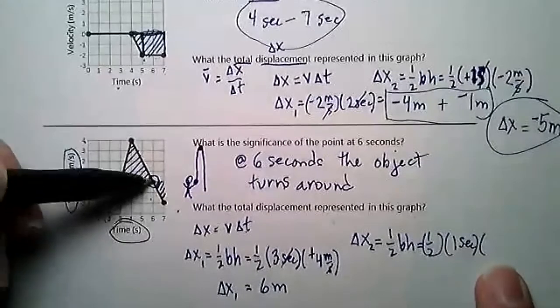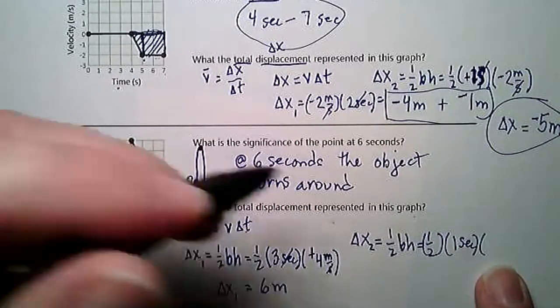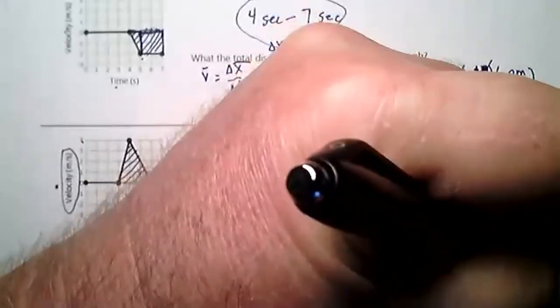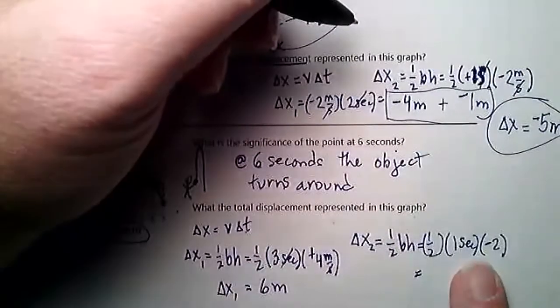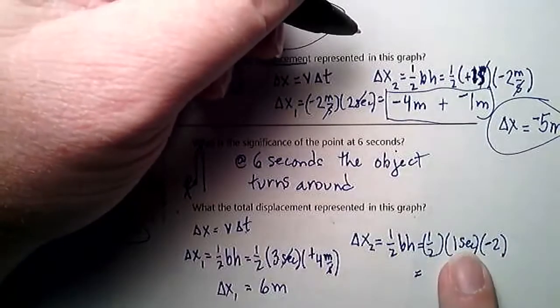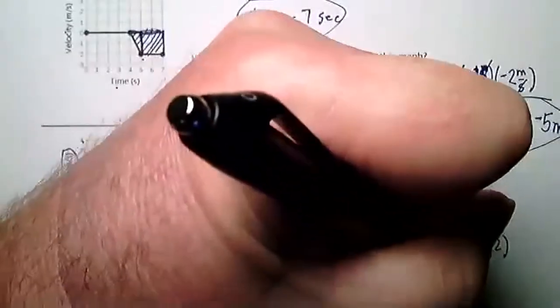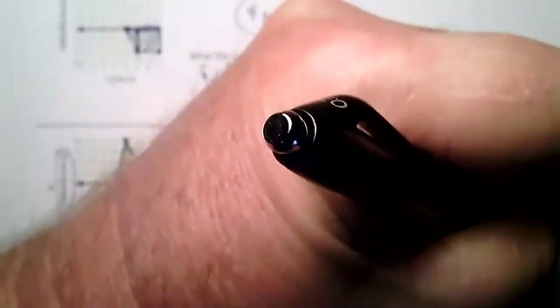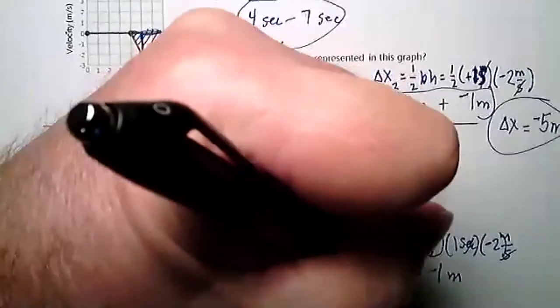And our height here is negative 2. So if I combine these two here, I'm going to get -2 times 1 is -2 times 1/2 is -1. And again, oops, I forgot units on this, sorry. Seconds are going to cancel. That leaves me with meters.